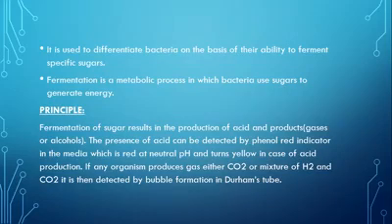The principle is that fermentation of sugar results in the production of acid and products like gases or alcohols. The presence of acid can be detected by phenol red indicator, which is present in the media and is red at neutral pH. When the medium turns acidic due to the production of acids after the fermentation of sugar, this red media changes its color into yellow, and hence we identify that the carbohydrate has been fermented.